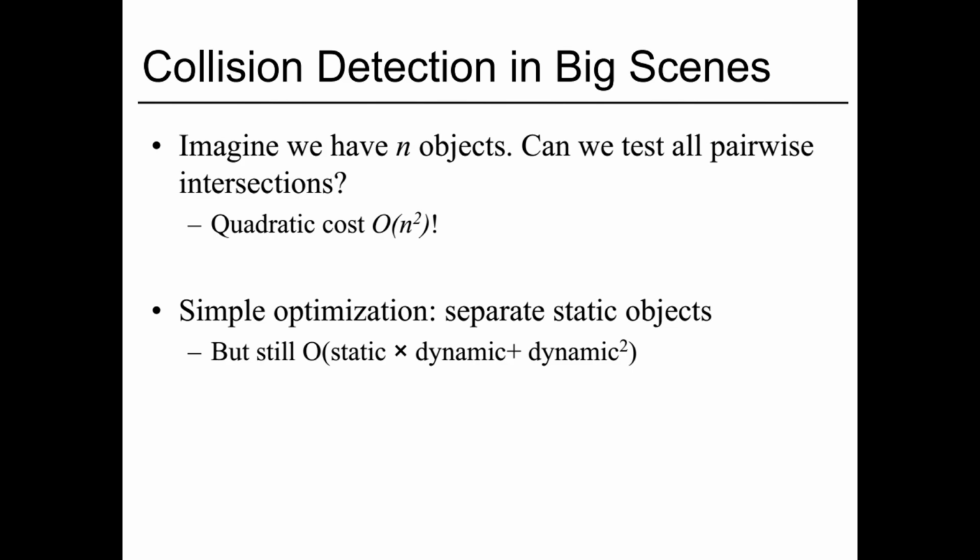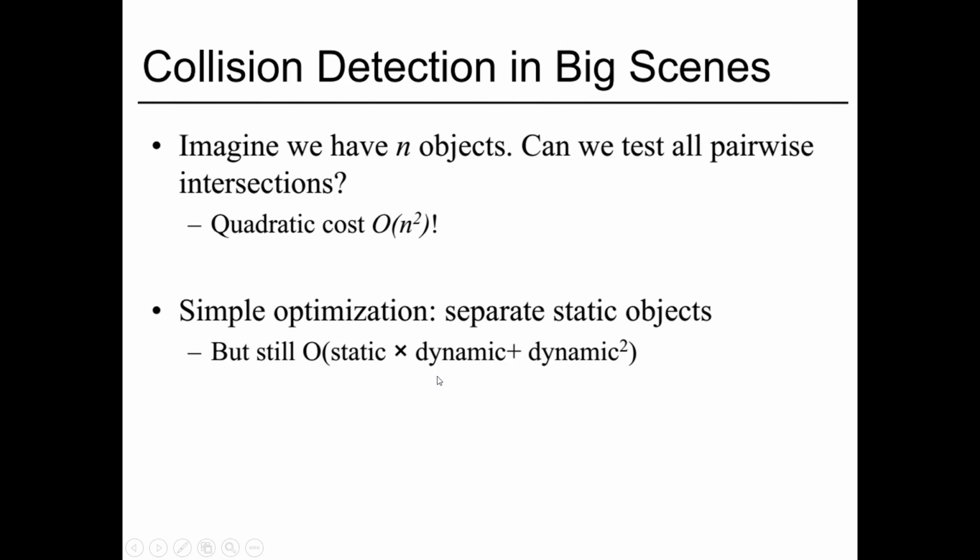Then the problem reduces to checking the pairwise collisions between every pair of dynamic objects and whether those dynamic objects have collided with any of the static objects, resulting in a cost of big O of static times dynamic plus dynamic square. This is how we get this cost, but this is also still quite huge.